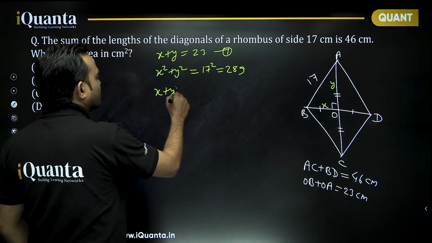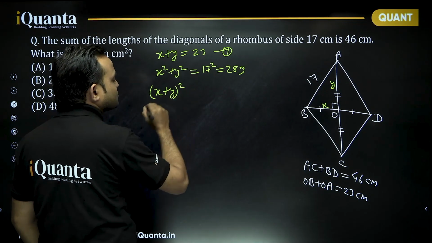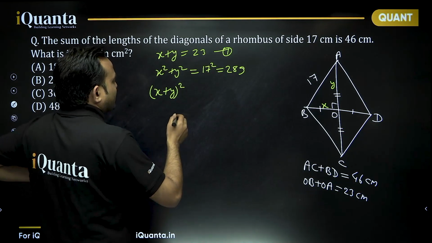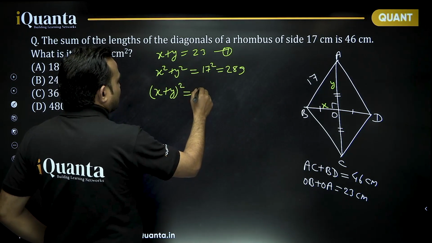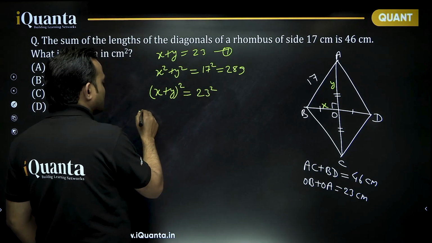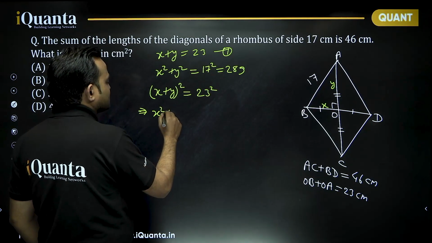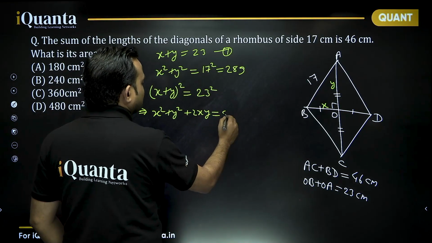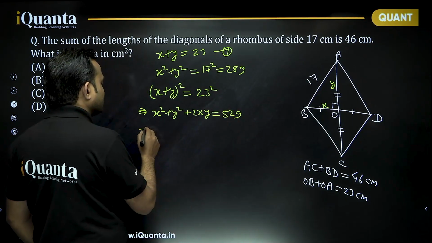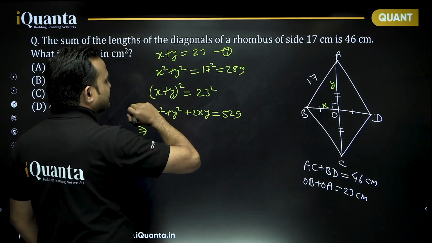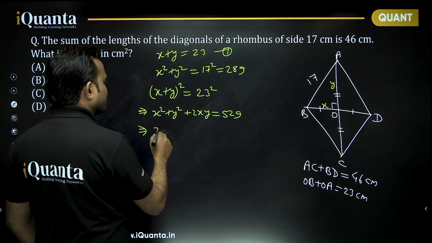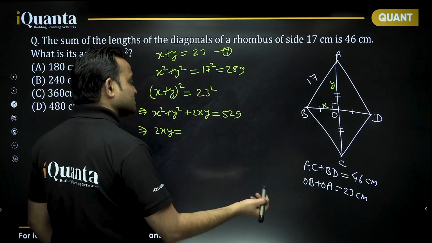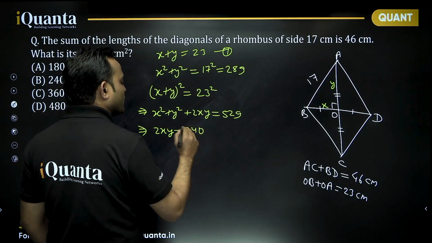So, x plus y whole square is nothing but 23 square, or x square plus y square plus 2xy is equal to 529. X square plus y square is 289. So we can say 2xy is equal to 529 minus 289, which is equal to 240.